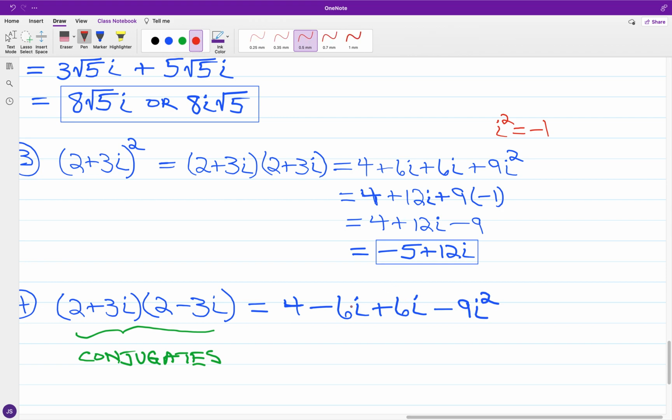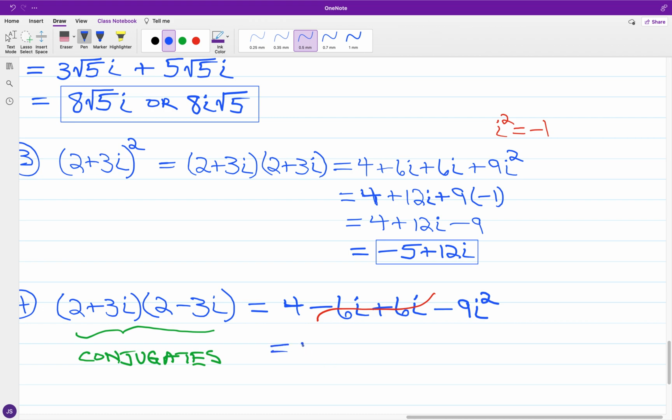And if you notice, we got 4 at the front once again. However, look at the outside and inside products. Now with the square of 2 plus 3i, I was able to combine 6i and 6i as 12i. But now we have additive inverses with -6i and 6i, so the i terms will go out.